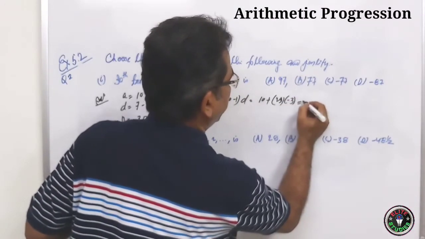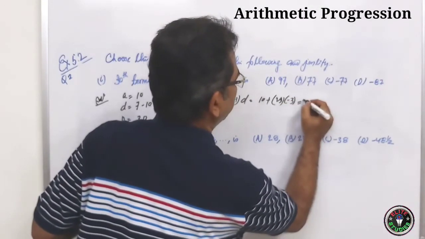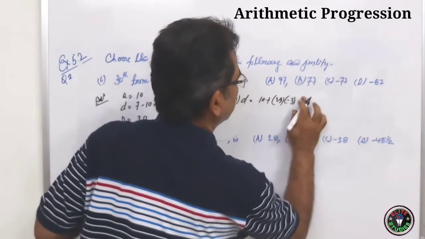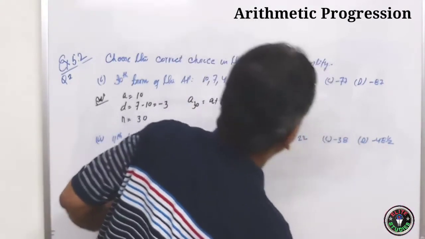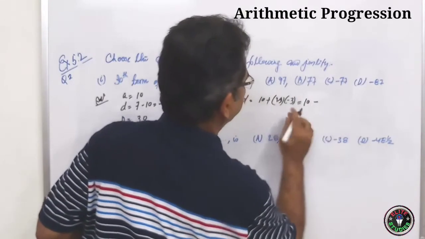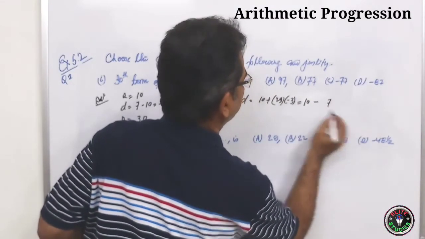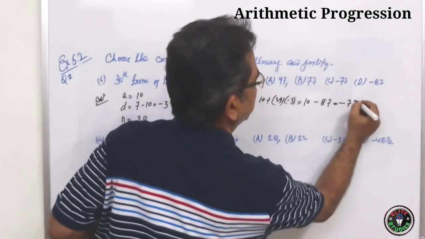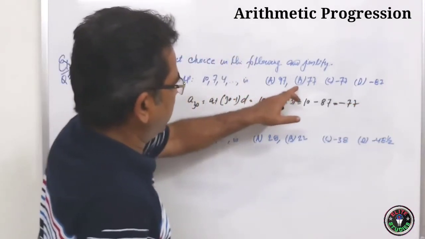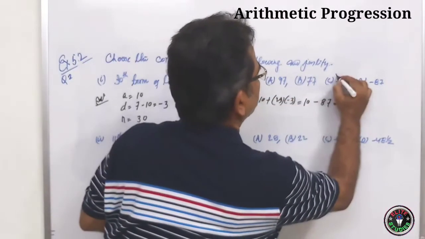Okay. So it will be equal to 10 minus 3 9 27. 3 to 6 7 8. So 10 minus 87, that is minus 77. So this is our answer.